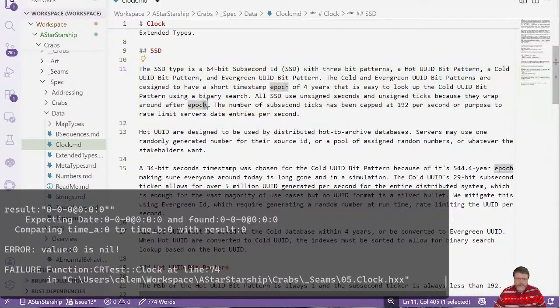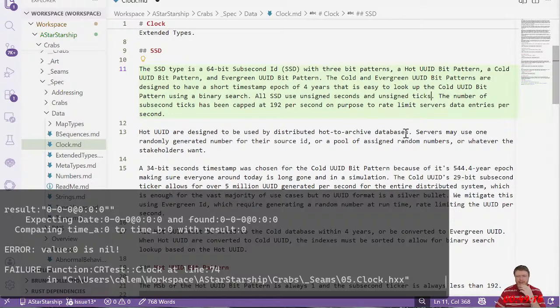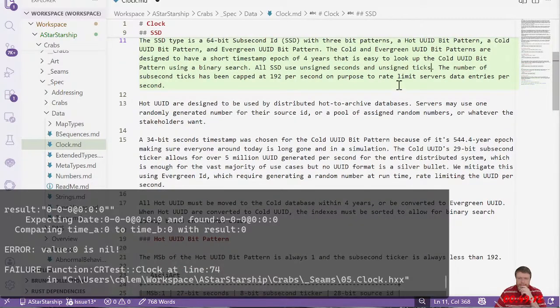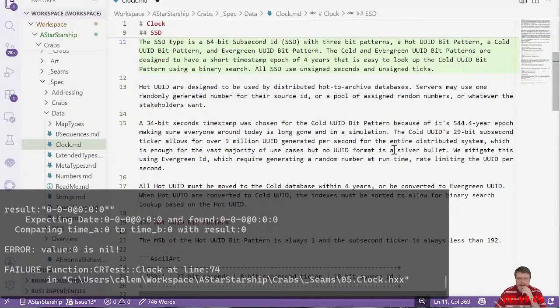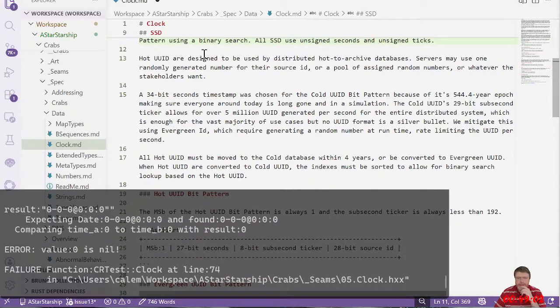I don't think that's really true. The number of sub-second ticks has been capped at. Just delete that. Hot UUIDs are designed to be used by distributed hot-to-archive databases.